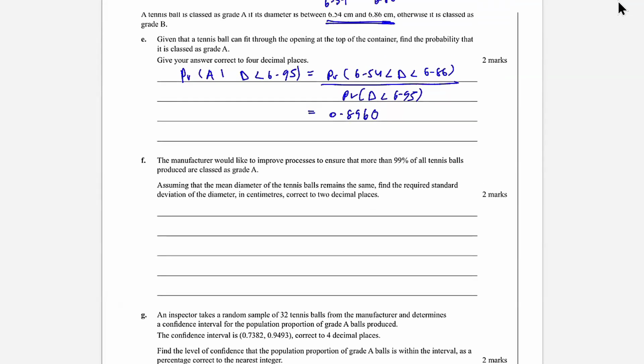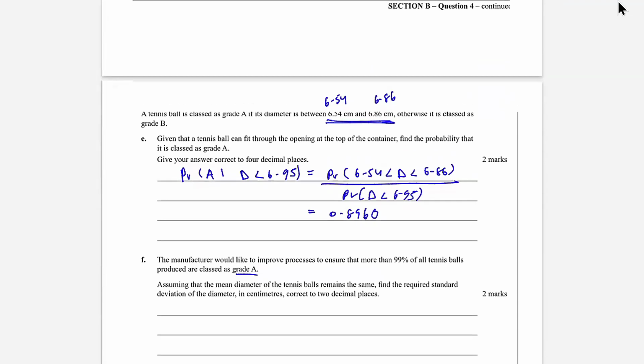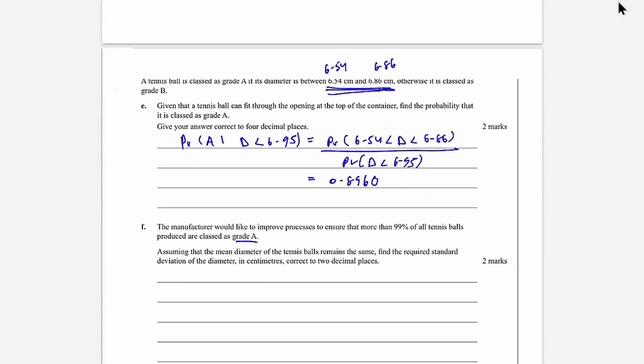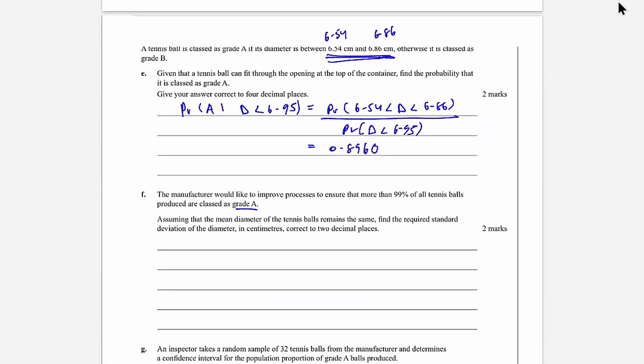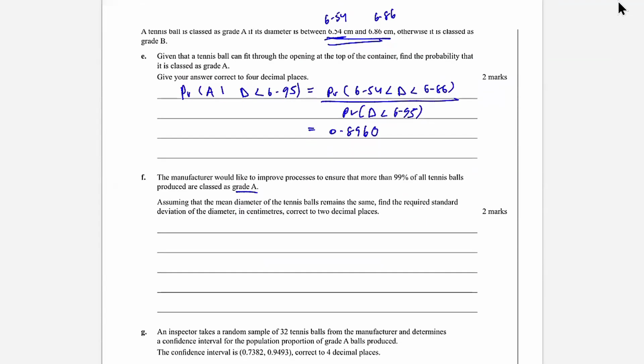So we want 99% of tennis balls produced to be grade A. And the criteria for it being grade A doesn't change. So even after we change our standard deviation, it'll still be within these two.